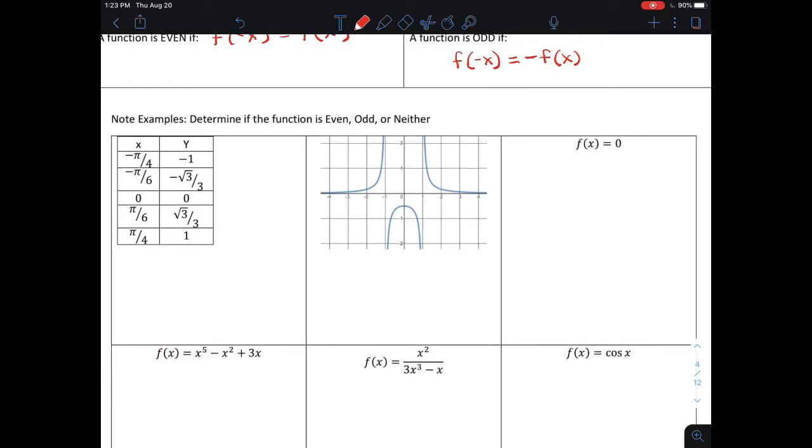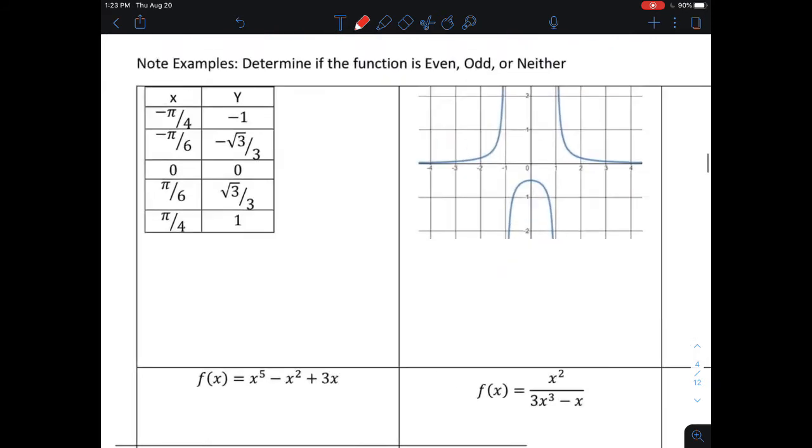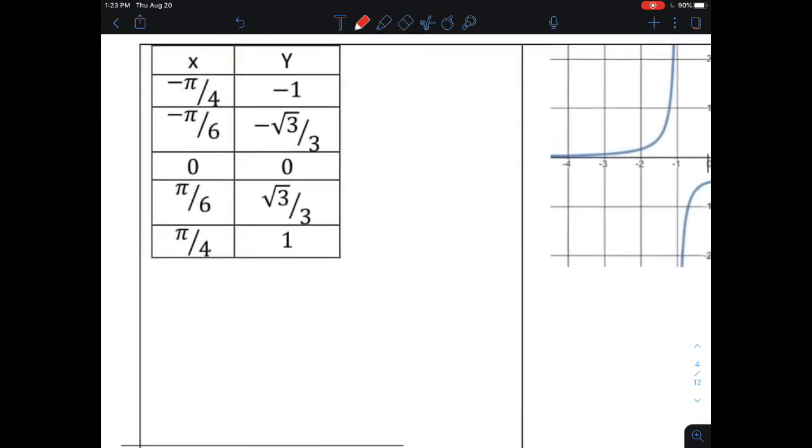Okay, let's do some examples here. We have a little variety for trying to determine if a function is even, odd, or neither. We'll start here with a table of values. One of the things you try to do with a table of values when determining even or odd functions is look at the y column and see whether any of these y values start to repeat.